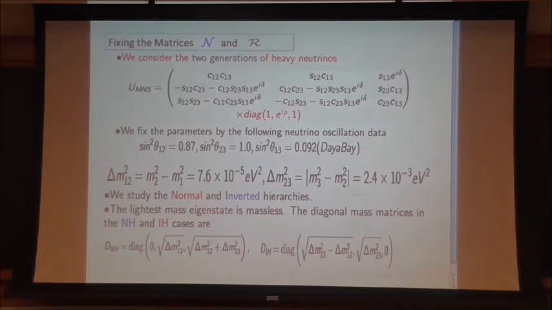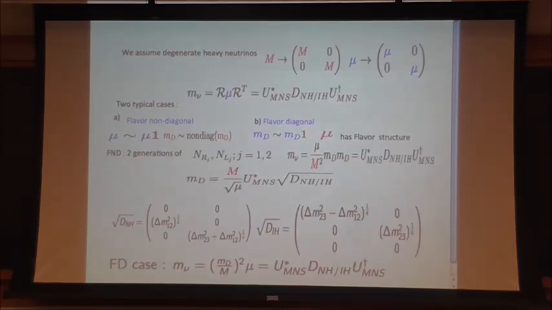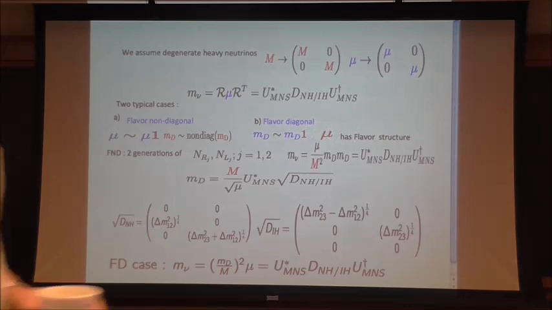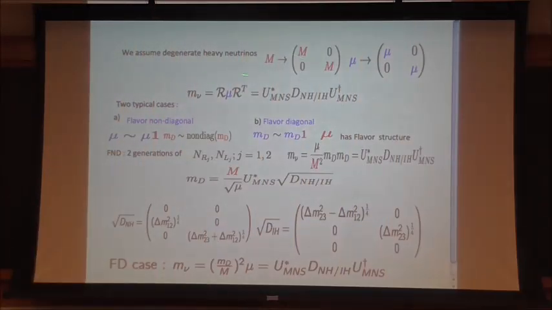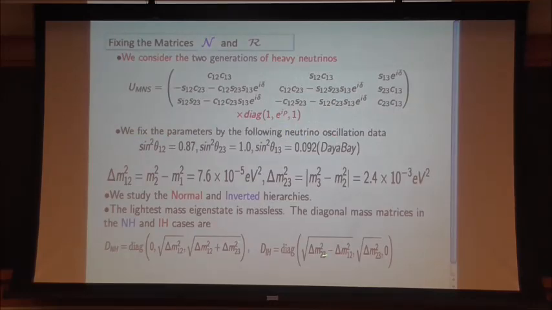One is the normal hierarchy, and the other is the inverted hierarchy, and we use the neutrino oscillation data to fix our model parameters, the mixing parameters N and R. We assume that our heavy neutrino is degenerate, and we can write the light neutrino mass in terms of the U_PMNS matrix and these diagonal matrices, D_NH and D_IH, given here.